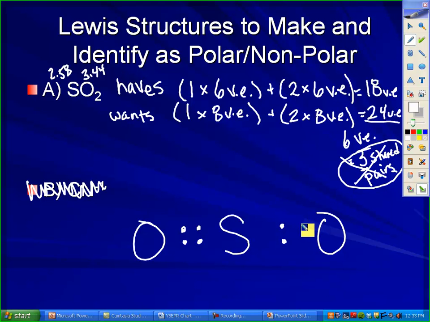So I'm going to go through and make everyone else stable by having 8 valence electrons. So this oxygen currently thinks it has 4 valence electrons. So I'm going to add on 5, 6, 7, 8. So 2 lone pairs. And that oxygen will then be stable with 8. Sulfur right now has 2, 4, 6 valence electrons.